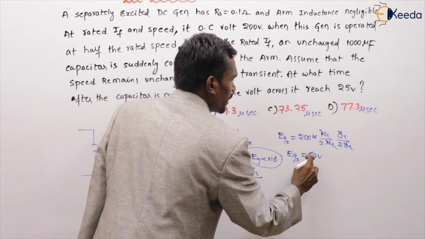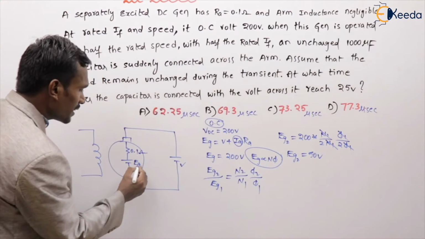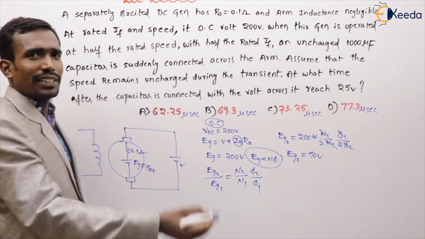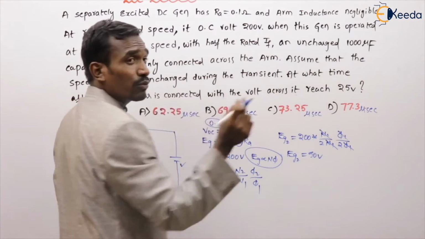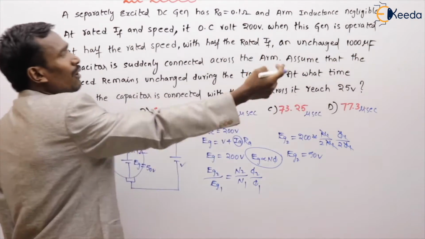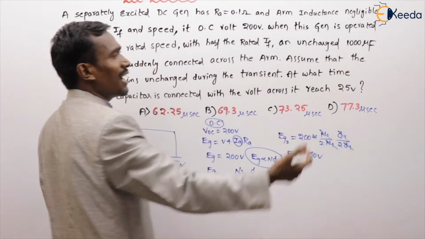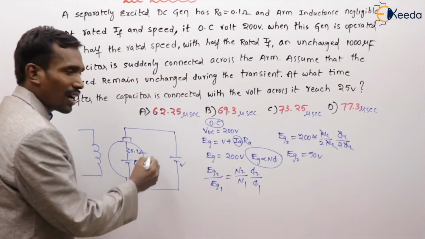This is my Eg2. Under the half-rated condition, this Eg value is 50 volts. Then what happened? See here. An uncharged 1000 microfarad capacitor is suddenly connected across the armature. Suddenly an uncharged capacitor of 1000 microfarads is connected across the armature.